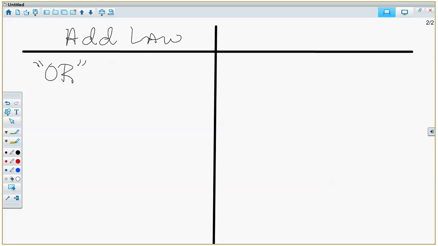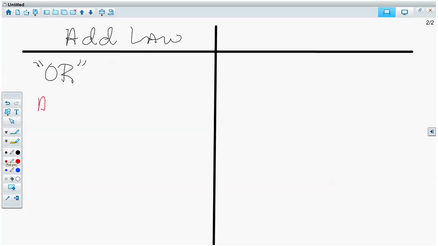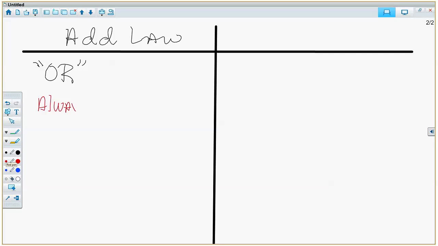The only thing you have to remember with the additive law, we'll write this in red, is always subtract the overlap.